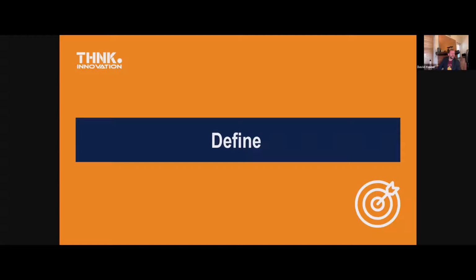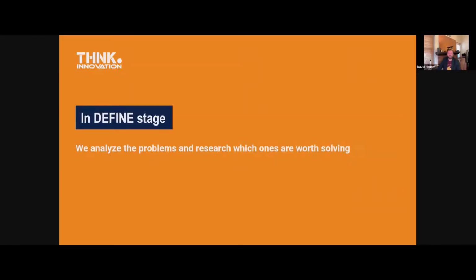Let's say we talk to 10 people, we probably come up with 50 problems or challenges that those people are dealing with. But if we want to make a difference and create a sustainable business that can really make a difference in the long run, we have to find out which of those problems are actually worth solving.